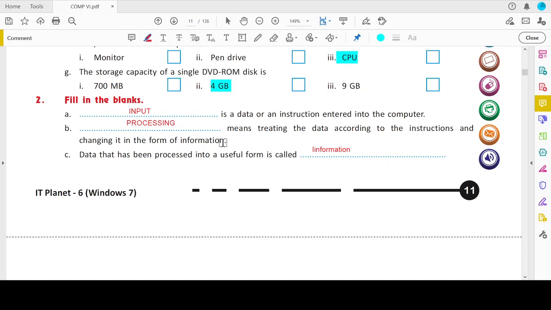So what is it? Processing means treating data according to instructions and changing it in the form of information. Data that has been processed into a useful form is called information. Data after it is processed, it is called information.